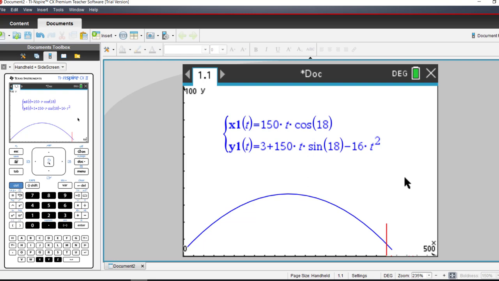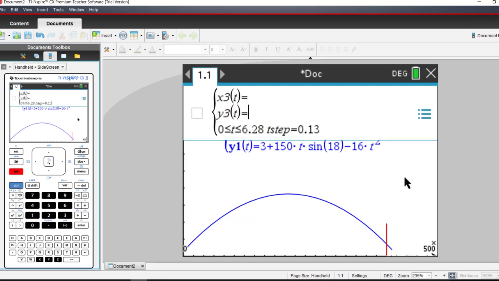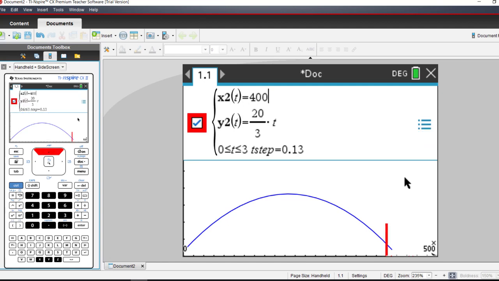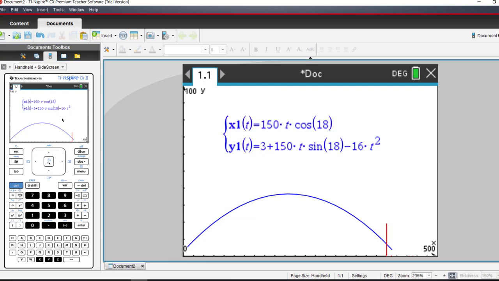And so there's my X1 and my Y1, and then the X2 and the Y2 didn't come up for some reason on the screen, so let me just pull that up. So there is that, and again you can see I put my T-step from 0 to 3, and you can see that it did not clear the wall.